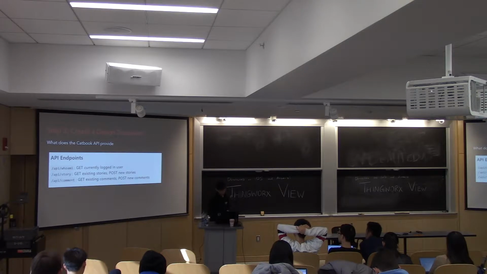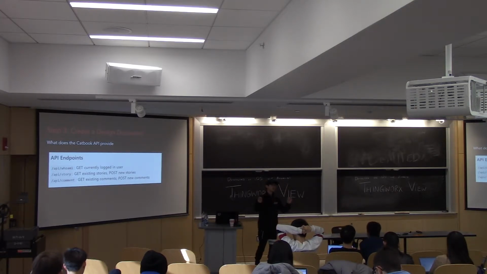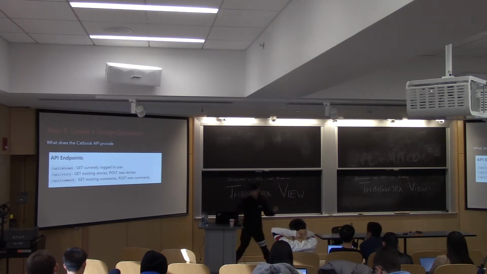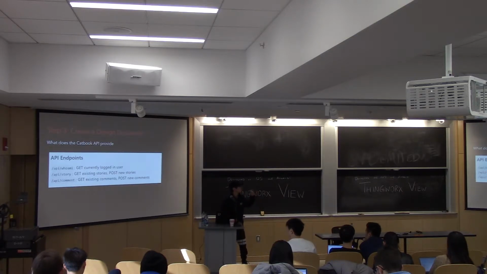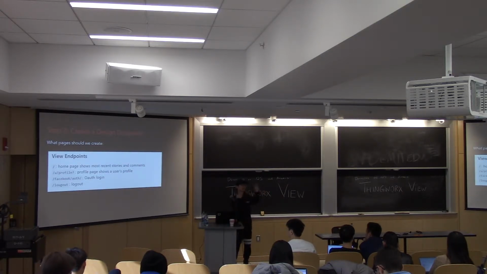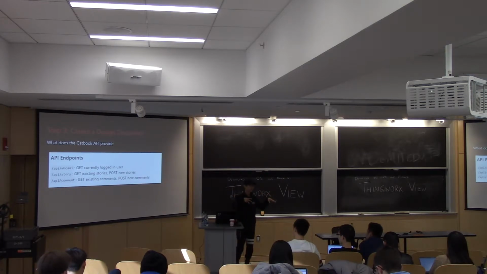Then we also needed to decide what kind of API endpoints were needed. These are all just URLs that allow us to interact with the application. There's a very big difference between these two. This allows us to look at the application, look at what it looks like. And these endpoints allow us to change the application, change what data is on the server.